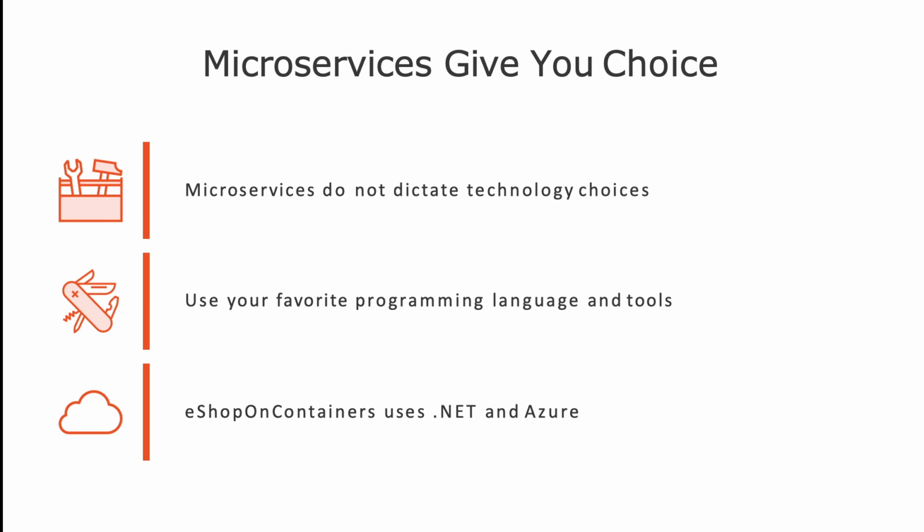If, for example, you feel comfortable with some kind of programming language or technology, you can use it to develop your microservices. I just want to point out that eShop on Containers is developed using .NET technology and Azure cloud technology. So thank you for having me for this chapter, and see you in the next chapter.